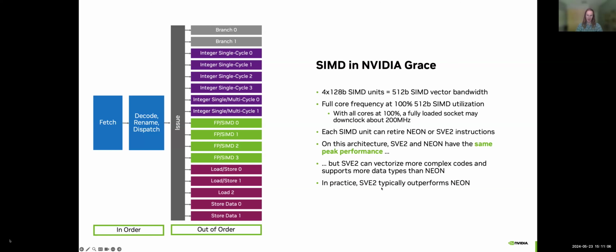Oh, don't do that. If you use a flag like msve-vector-bits on GCC, you've told the compiler to issue SVE instructions as if the silicon had 256 bits in the SIMD units. What you're generating is code which is functionally incorrect on Grace.